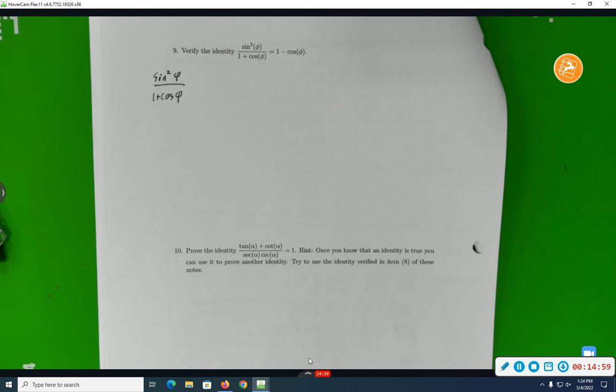So what is it that I want to turn the left-hand side into? 1 minus cosine? And I can make the left side look more like 1 minus cosine by multiplying it by 1 minus cosine, right? But if I multiply by a thing, I have to divide by a thing. So here's a motivation for a first step. I'm not saying this is the only possible first step. Let's multiply and divide by 1 minus cosine of phi.